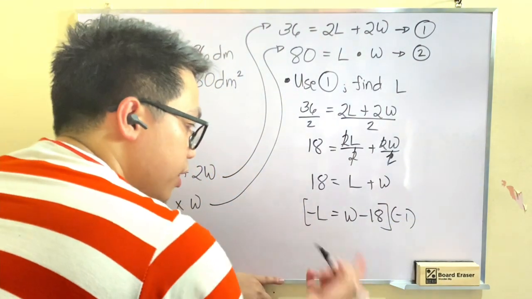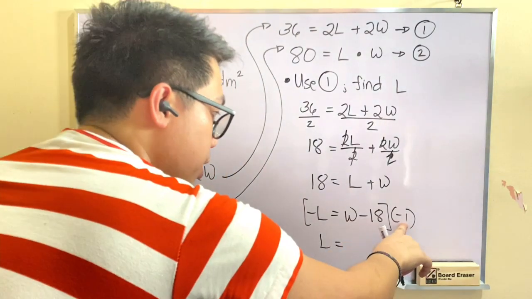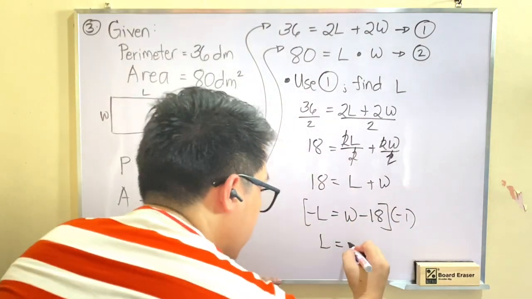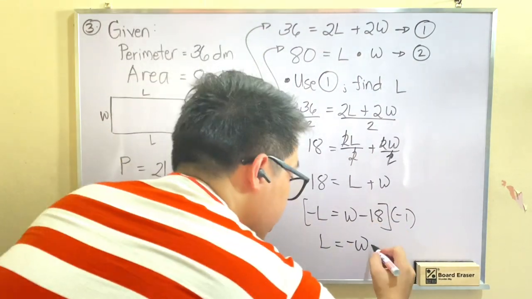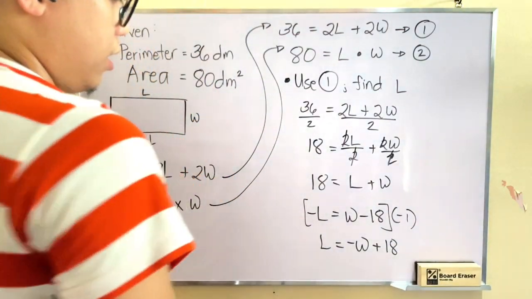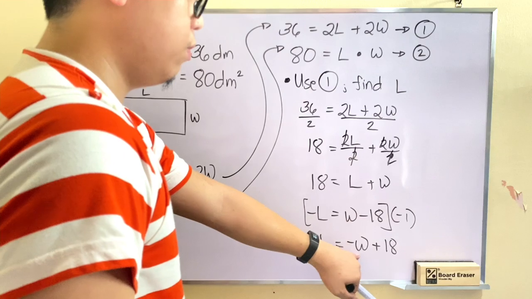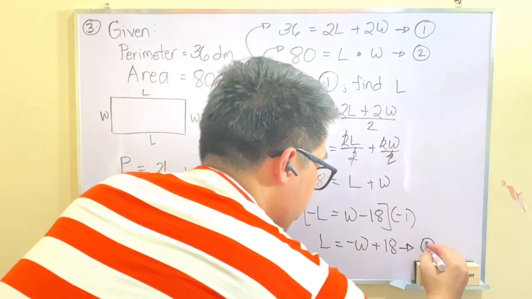So, negative 1 times L is positive L. Negative 1 times W is negative W. And negative 1 times negative 18 is positive 18. Therefore, our length is equal to negative W plus 18. Which is, ito yung ating equation number 3.